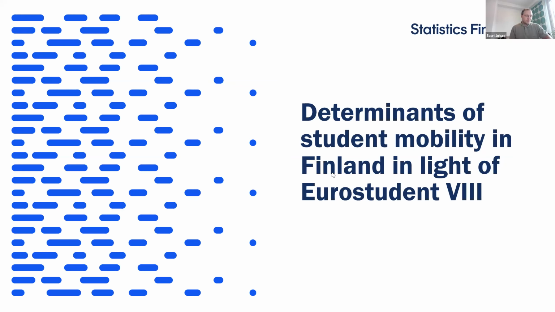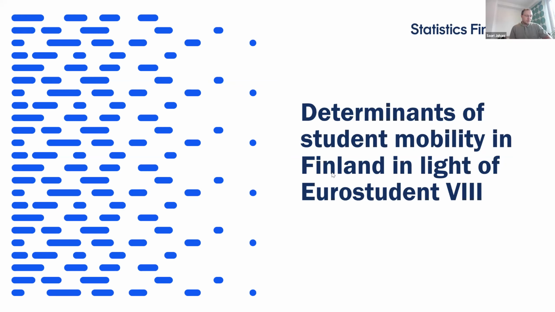Now, here are some figures on the yearly number of mobility periods per track of higher education. As you can see, even prior to the COVID outbreak, we witnessed a slight spiraling trend downward.